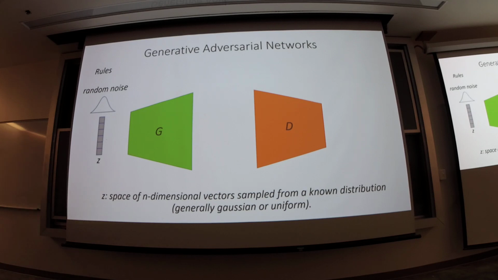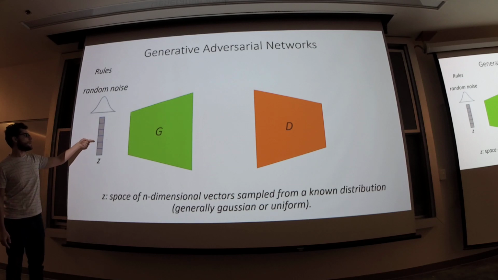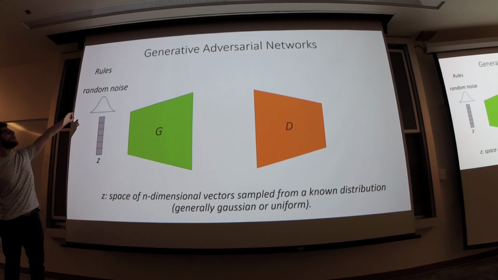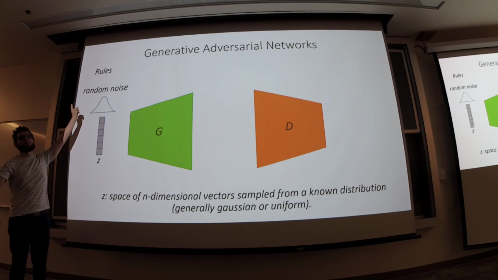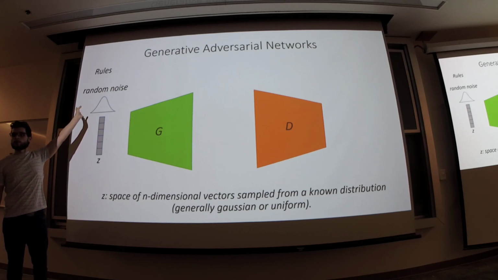So Z is also learned by the model, right? No. Z is the input to the generator. Because when we generate, we need some distribution that is easy for us to sample from. So usually we use random noise from a normal distribution or a uniform distribution, where each entry of this vector is taken from a unidimensional normal distribution.